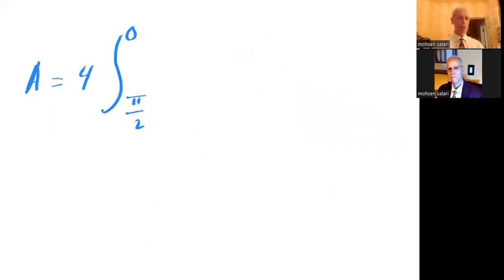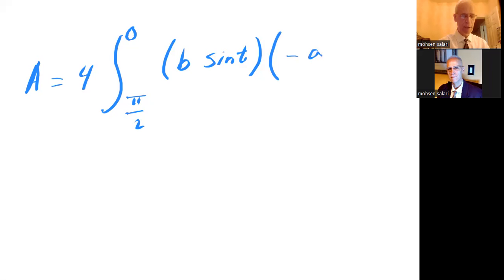So from pi over 2 to 0, the formula was y of t. y of t is b sine of t, times the x prime. x prime is going to be the derivative of a cosine of t, which is minus a sine of t, dt.